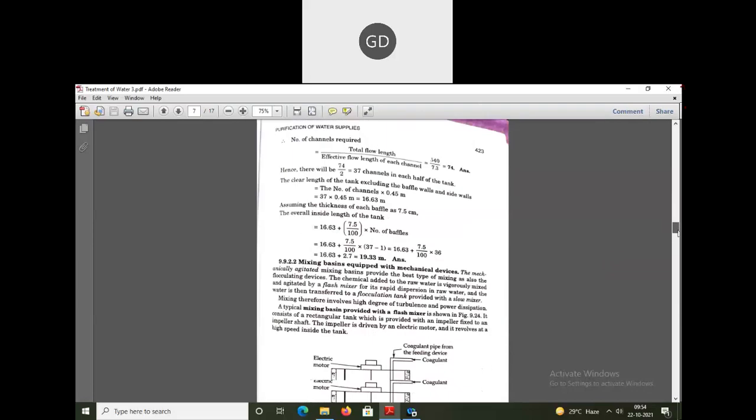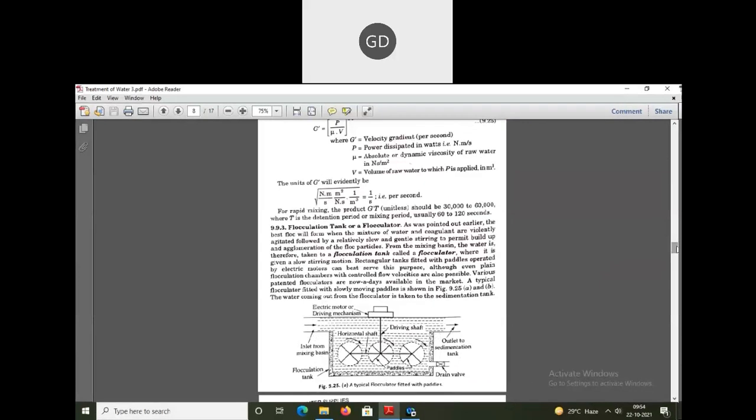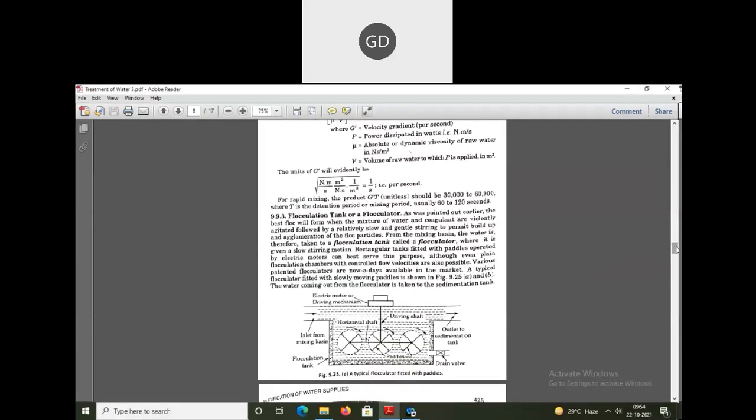Next is the flocculation tank, or the flocculator. The best flock will form when the mixture of water and coagulant is violently agitated, followed by a relatively slow and gentle stirring to permit buildup and agglomeration of the flock particles.